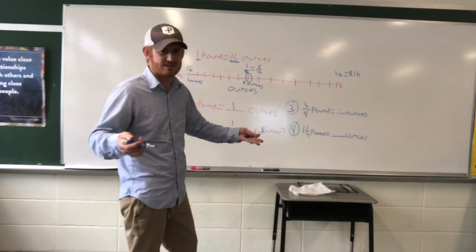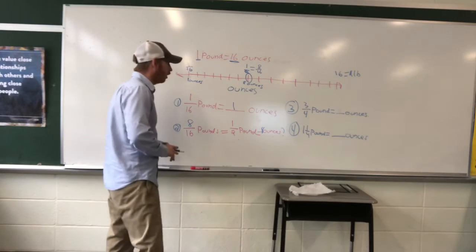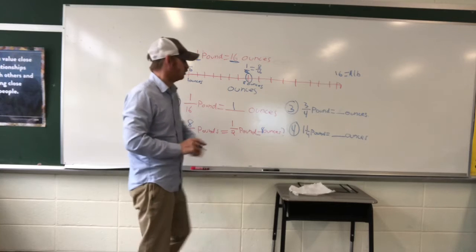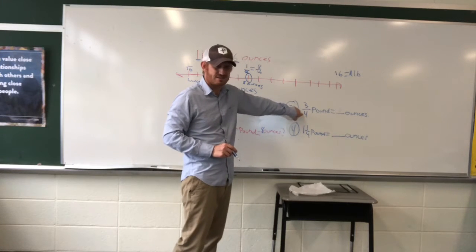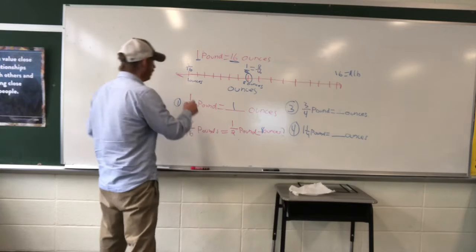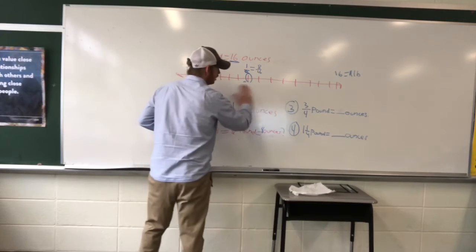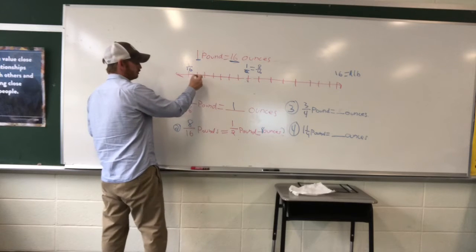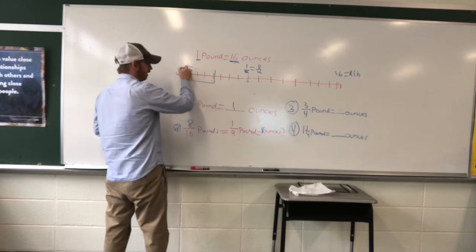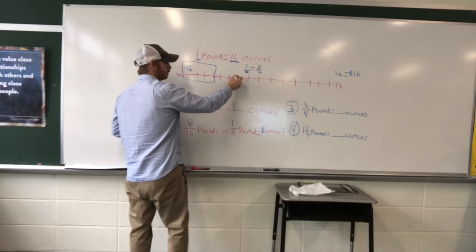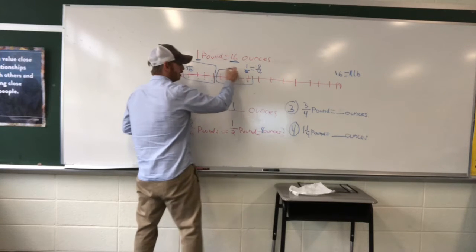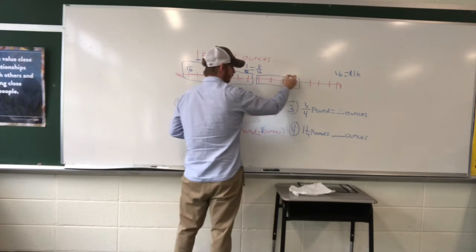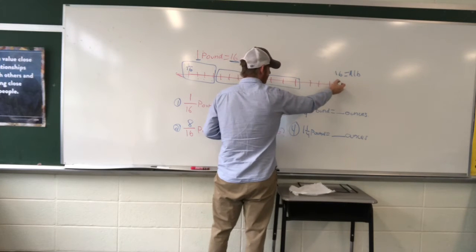How many ounces is it? Well, just like before, we have 16. If I cut 16 up into 4 pieces, each piece has 4. So 1, 2, 3, 4, that's a 4th. 1, 2, 3, 4. 1, 2, 3, 4. 1, 2, 3, 4.